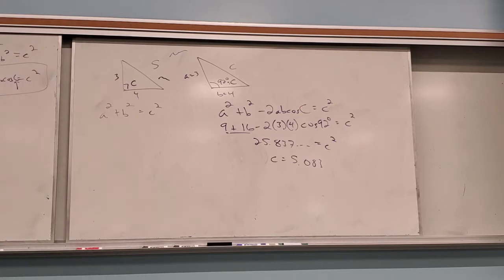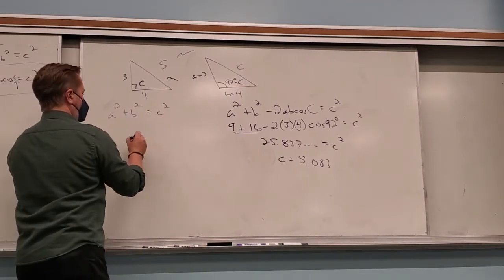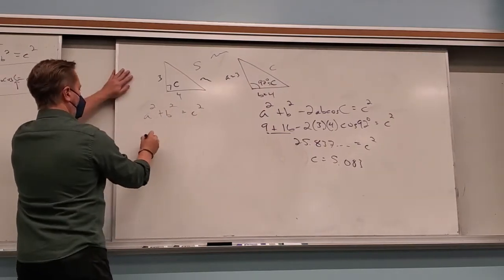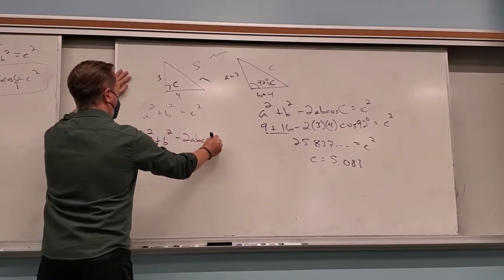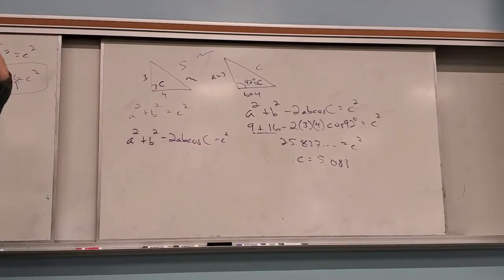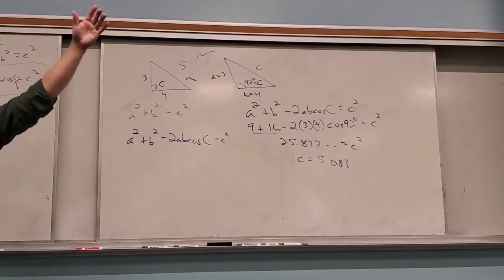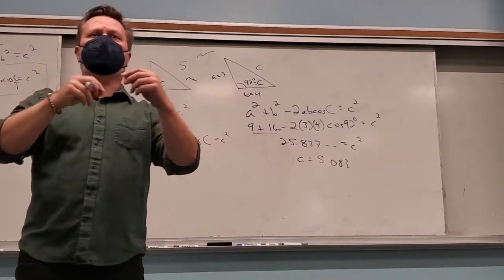The thing I want you to realize about basically any rule like this, so here's the law of cosines. You have this one I just wrote, but they don't have to label it that way. In fact, if I have a non-right triangle, how do you normally determine which side is C?